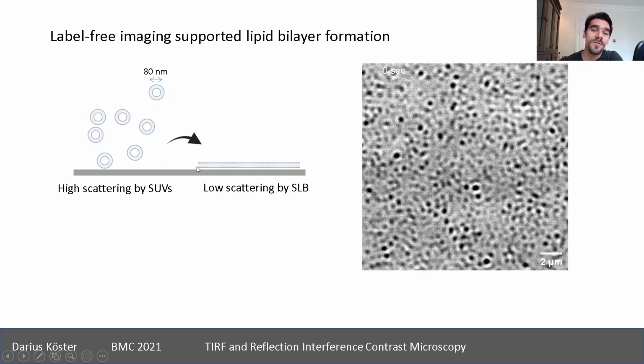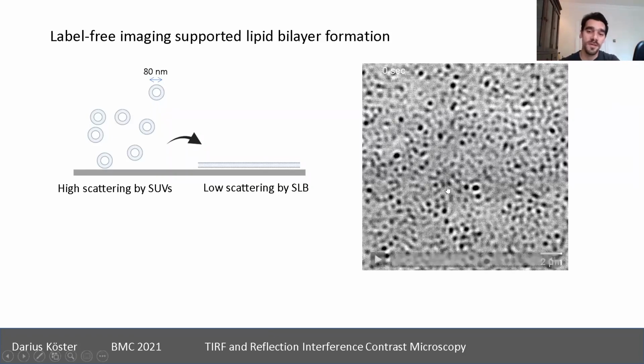And it was very nice to see this with the iSCAT microscope, because the small vesicles are of course small dense entities, and they scatter the light a lot. But once you have formed a smooth bilayer, you will not see much scattering.